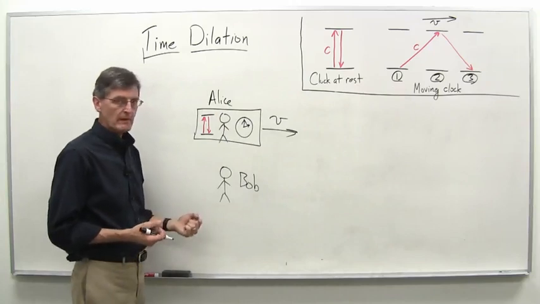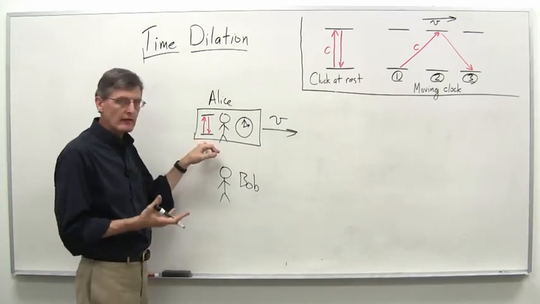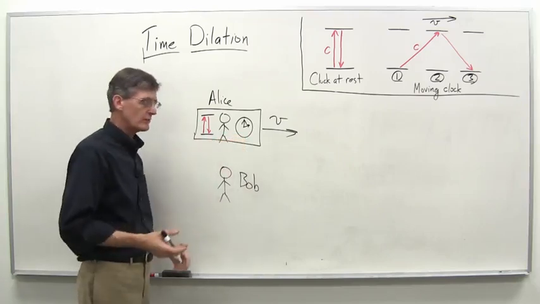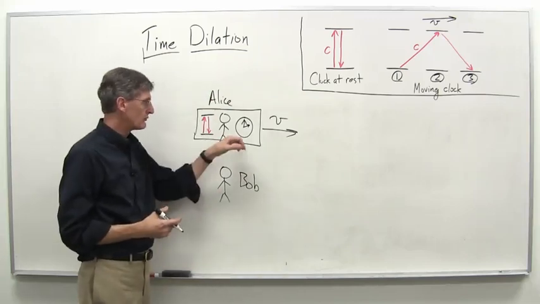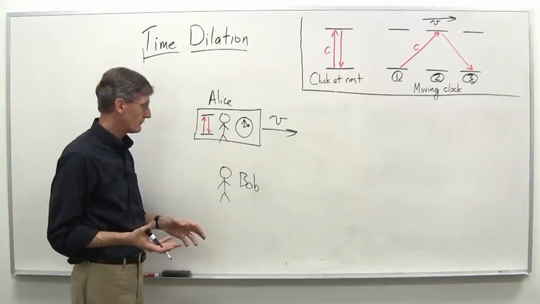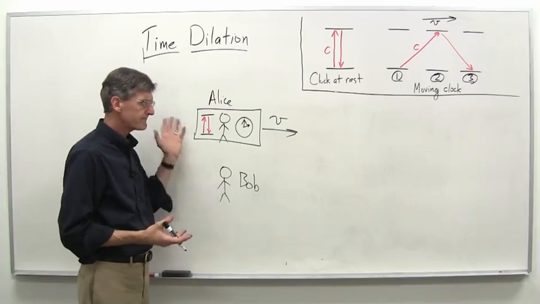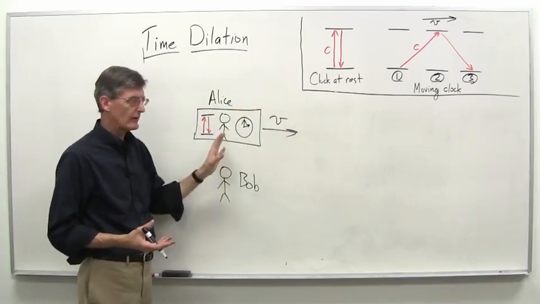Okay? And so you might say, well, again, maybe that's just the light clock. Maybe this regular clock over here, whether it's battery-driven or spring-driven or whatever, maybe it doesn't obey this type of stuff. Maybe it just runs normally. Okay? So what would happen if that's the case? Let's assume that that's true. The light clock is a really special type of thing. This special theory of relativity, all we've been talking about here, really only applies to the light clock.